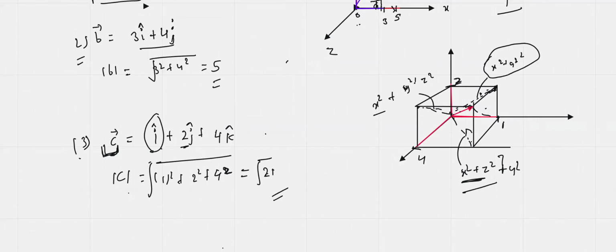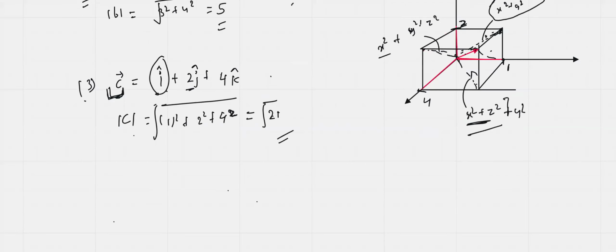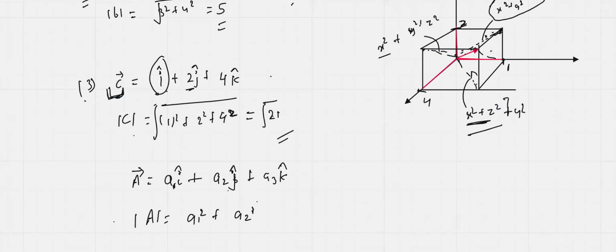So finally, if I have to calculate the magnitude of any vector a, written in the form a1 i plus a2 j plus a3 k, then how can I calculate the magnitude of vector a? It is nothing but the root of a1 square plus a2 square plus a3 square. Got it?